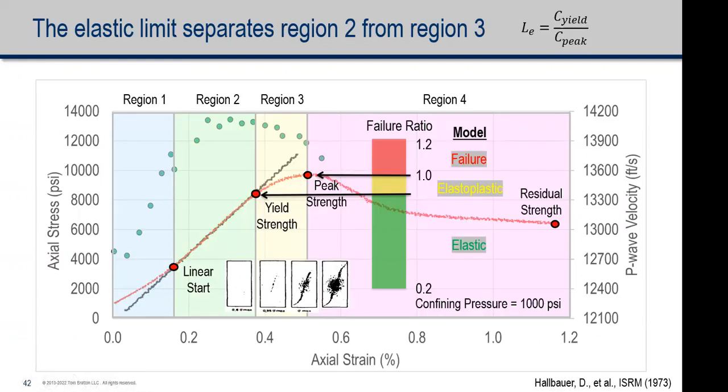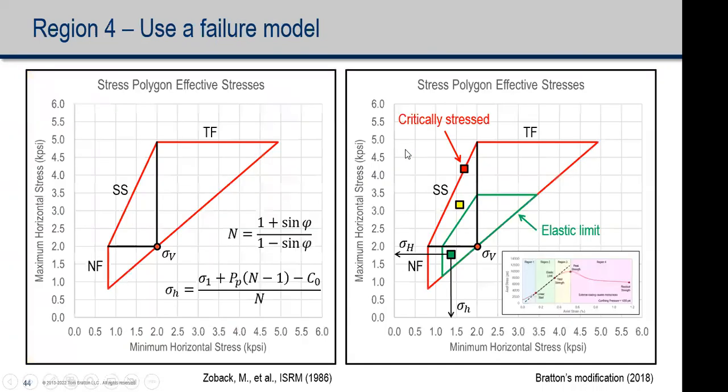And I think this is inappropriate, and we need to do better. Whenever we get to places where we think we are critically stressed and our in situ stresses are up here around peak strength, then I think Mark Zoback is entirely correct that you're on the edge of the stress polygon, and you need a failure model.